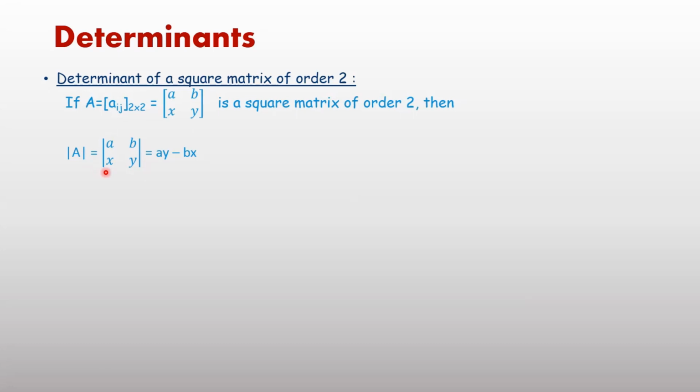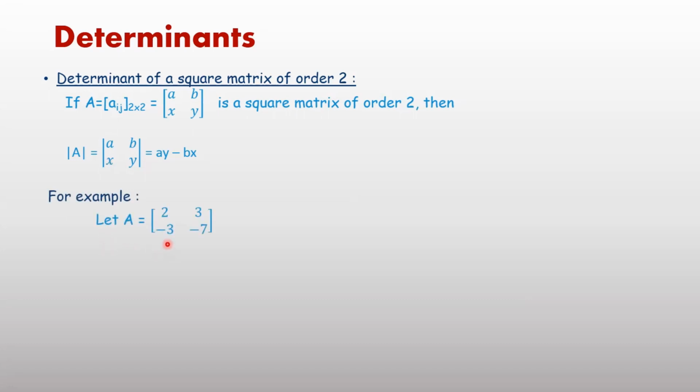Then the determinant of it you can find directly: ay, multiply these two elements, cross multiply, minus the product of these two elements, xb or bx. That is known as the determinant of the matrix of order 2 by 2.